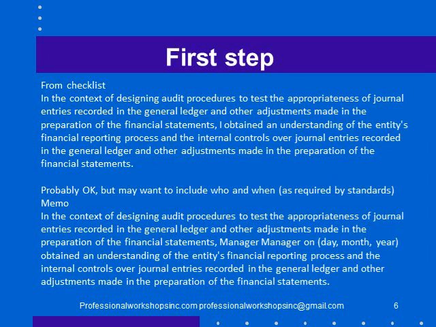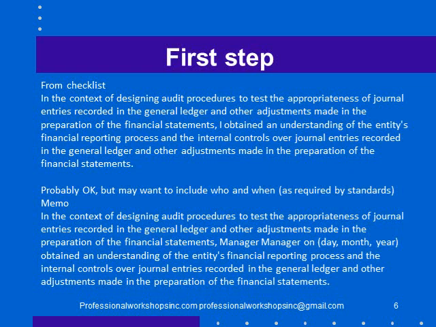Copy the first set of text from the checklist, and there's really not a lot you need to do to this particular set of text. This is what I did. Now, the only thing you might want to do, and it is required by standards, is to say who did it and when. So if it's you that did it, you might say, I, manager and manager, on day, month, year, did this.